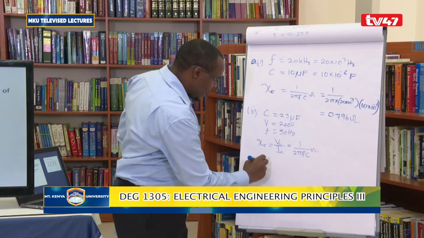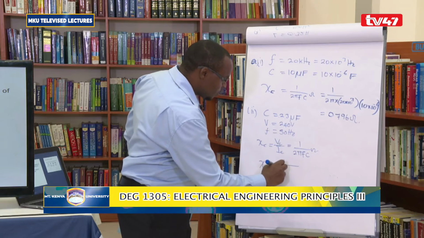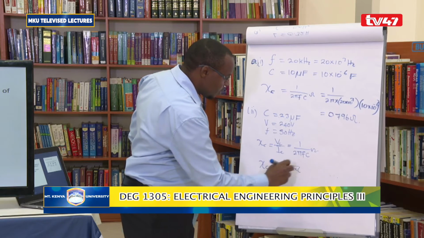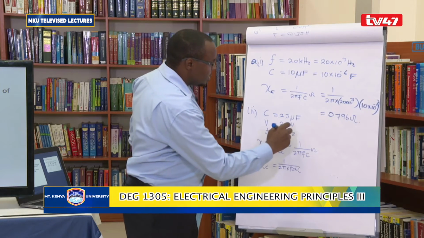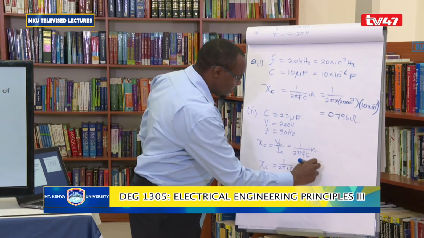First of all, calculate the XC. It's going to be given by 1 over 2 pi times the frequency, 50, times the value of the capacitor, 23 times 10 raised to the power negative 6.